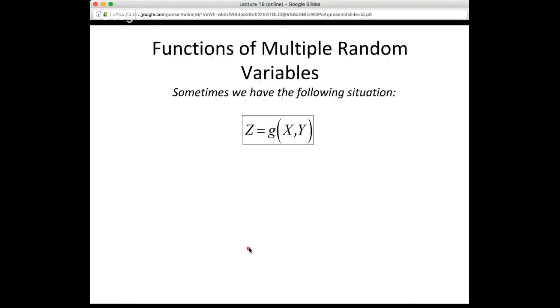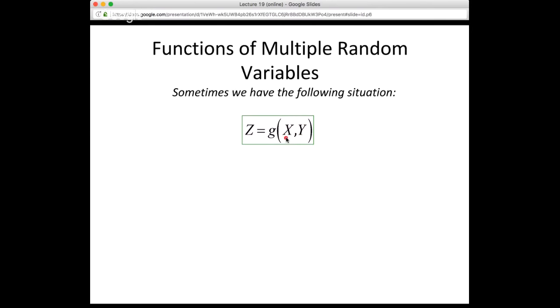So remember the situation, and I more or less said this verbally, but let's look at it in mathematical form. We've got a function g, it could be our formula, which relates a dependent random variable that we're interested in developing a probability distribution for, expressed as a function of two independent random variables, x and y, for which we know the probability distribution.